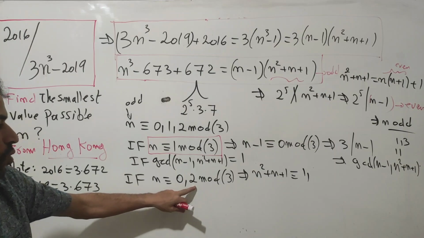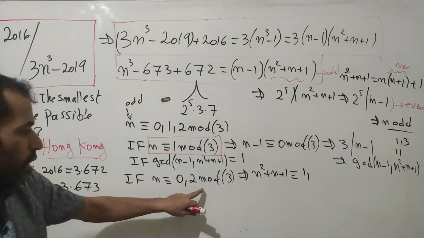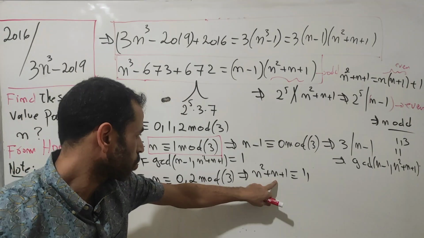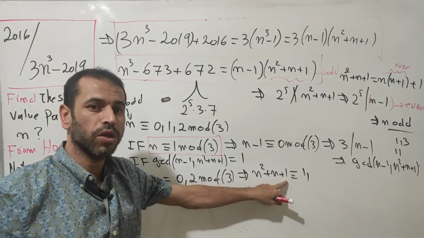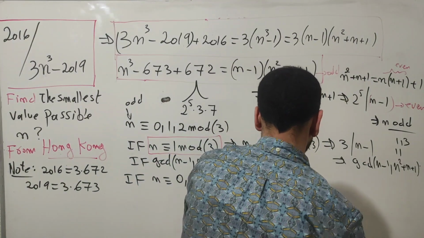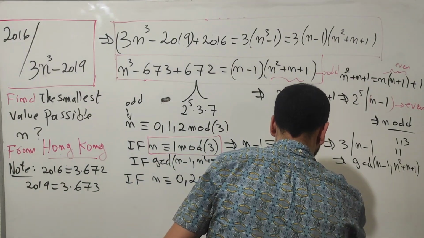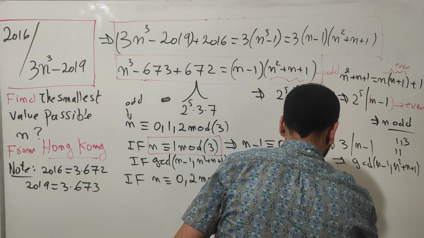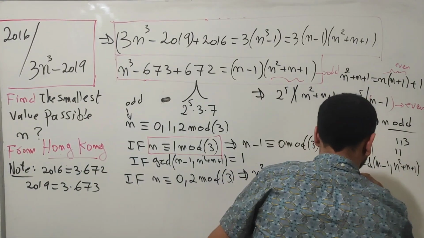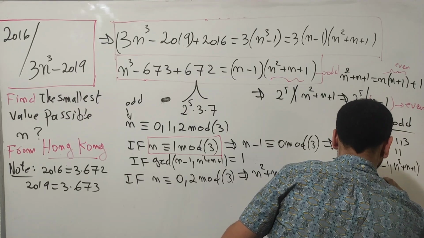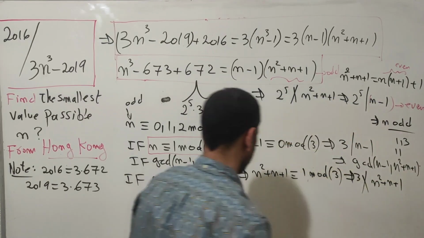If the remainder is 2, I get 4 plus 2, which is 6, plus 1, which is 7, and 7 is one more than 6, which is 1. Both of them are 1 mod 3. This is telling us that 3 cannot divide n squared plus n plus 1.